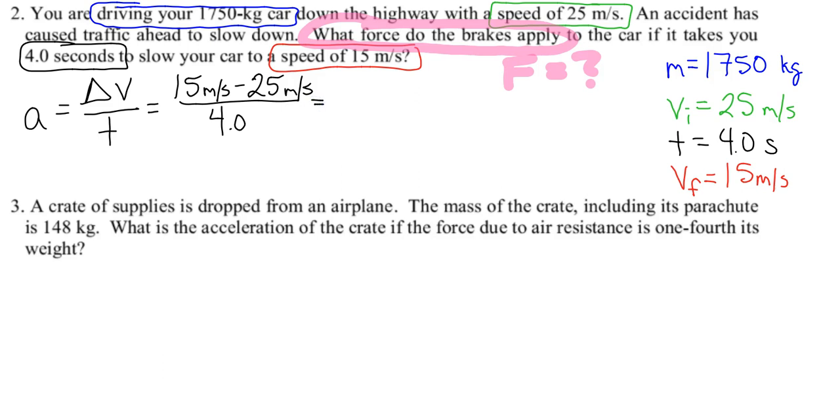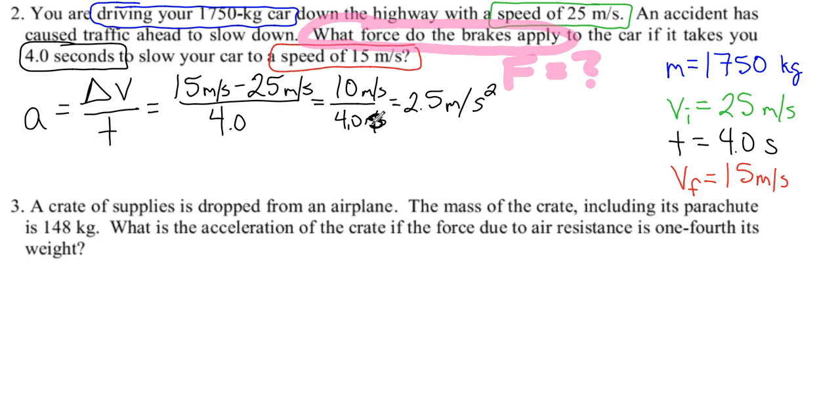So we have 15 minus 25 is 10 meters per second divided by 4.0 meters per second, which gives us 2.5 meters per second squared. And that should have been 4.0 seconds, excuse me, not 4.0 meters per second.